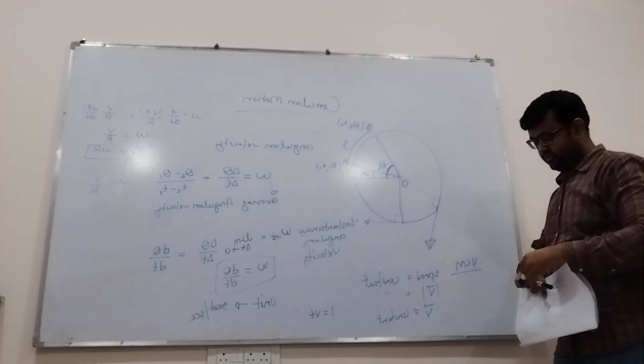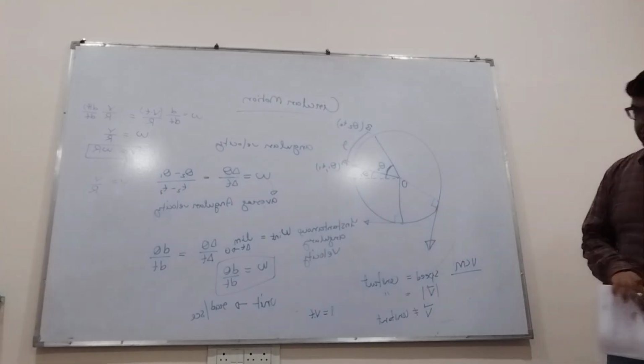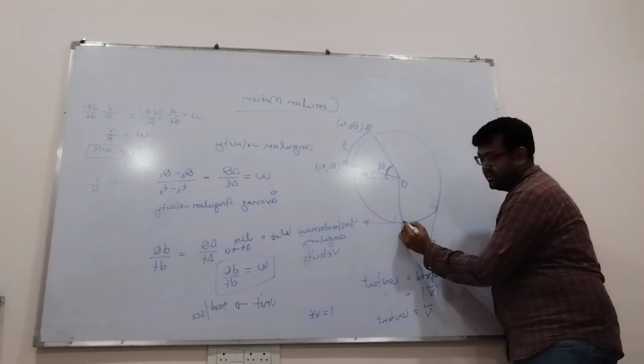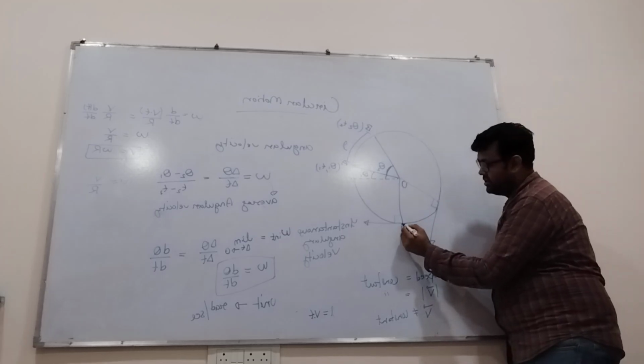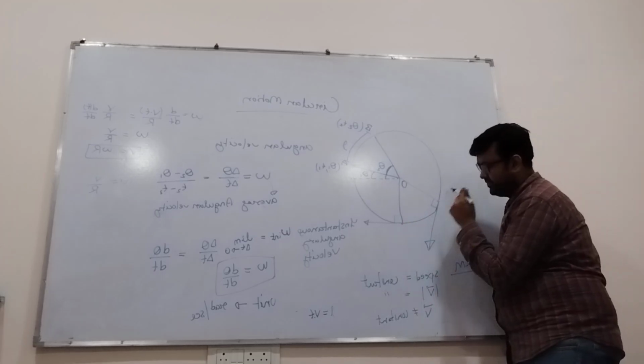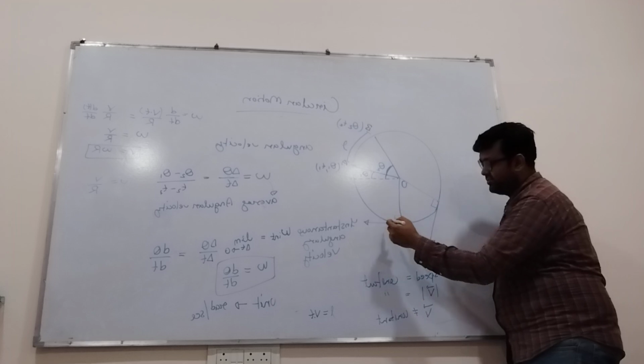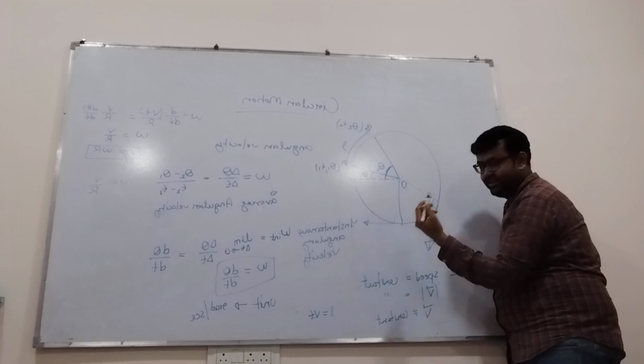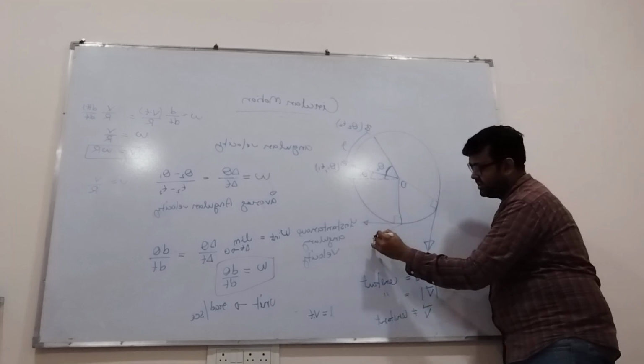Suppose, for example, when the particle is here and the direction of the velocity is not in that direction, suppose it is in this direction.